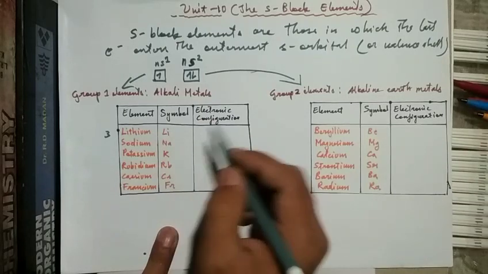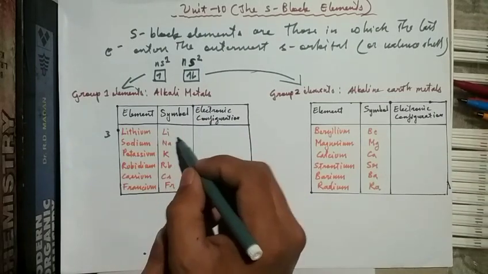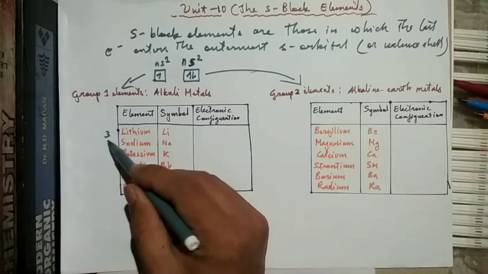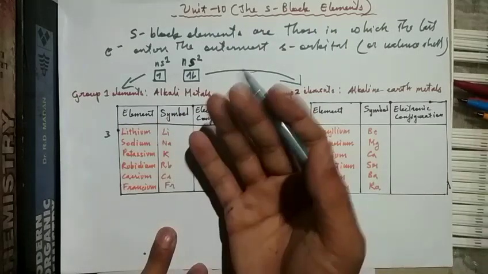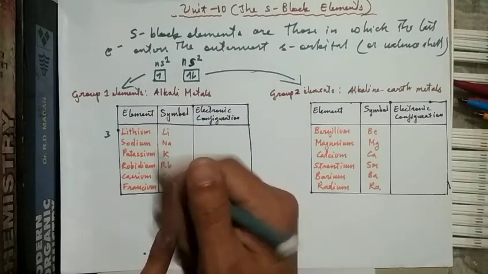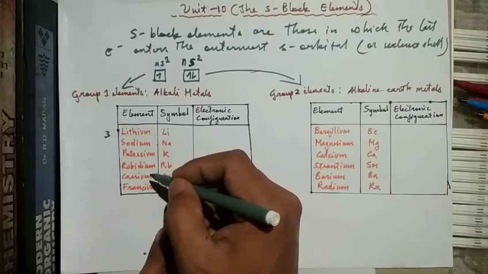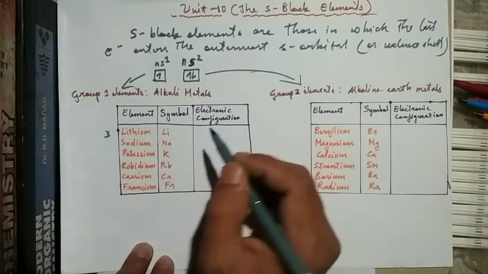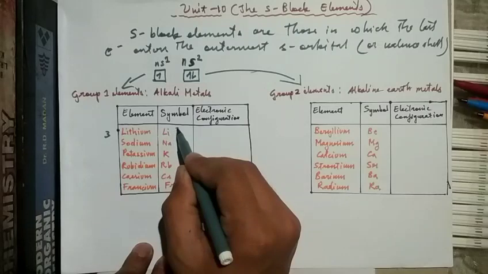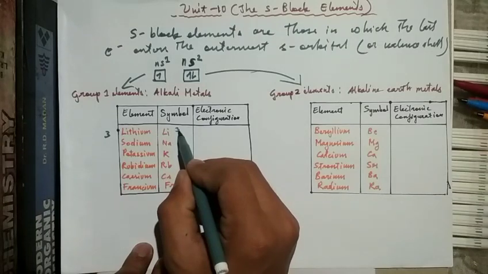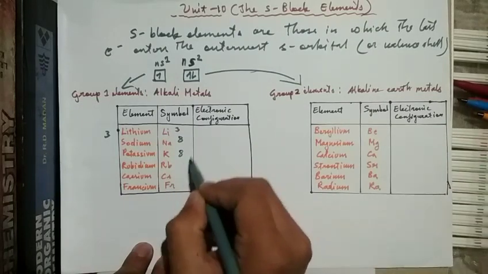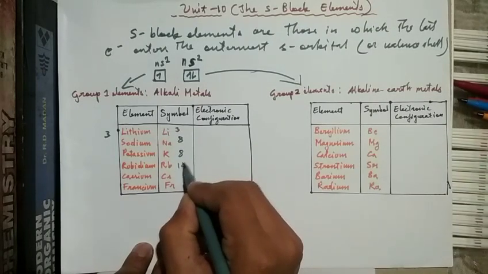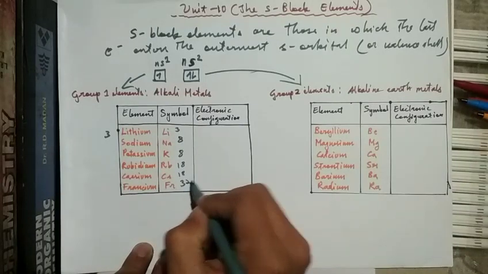Before going to electronic configuration, let's see the atomic numbers. If you remember the atomic number of the first element, there is a shortcut to remember the atomic numbers of the rest also. Suppose lithium is 3, then you add 8, 8, 18, 18, and 32.